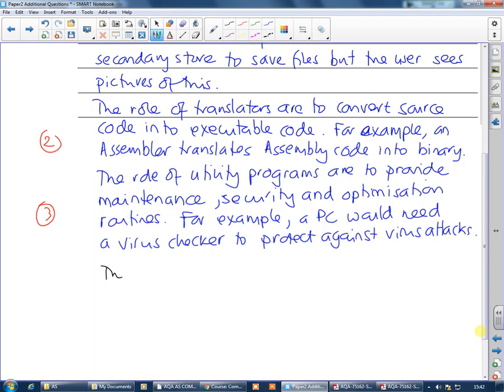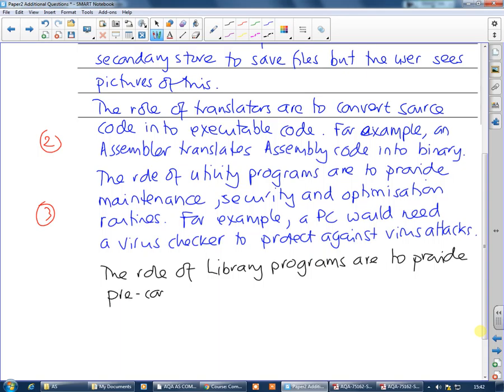So the last one, the role of library programs are to provide pre-compiled or pre-built or pre-written, let's call it, pre-written code for use by programmers.